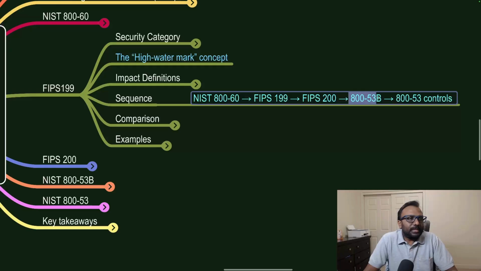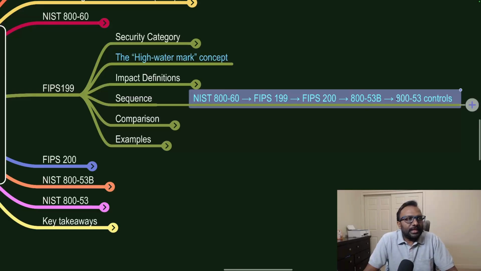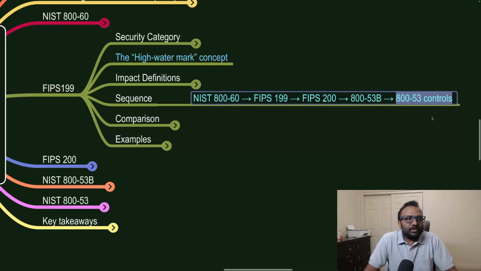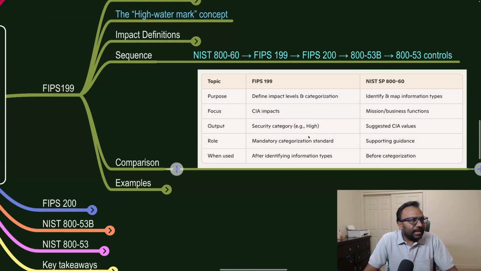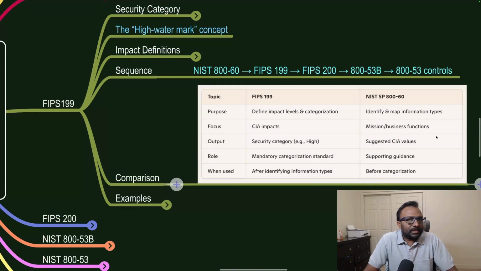Then we talk about 800-53B, the documentation available for the baseline security controls. Finally the implementation, using the 800-53 controls with 20 control families. It is a very detailed definition of how to implement and what things to take care of as each control is assessed.